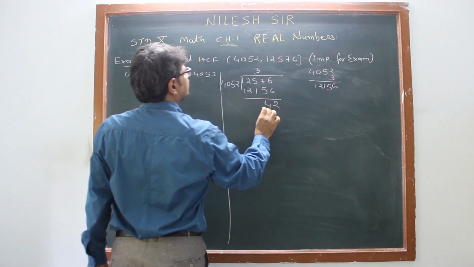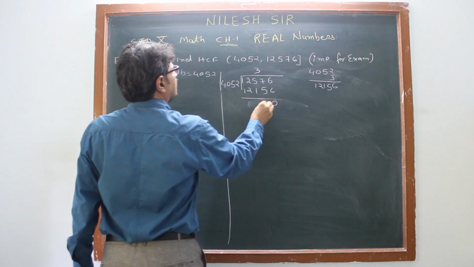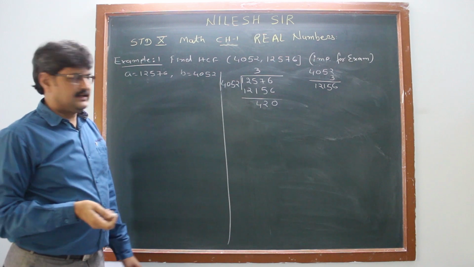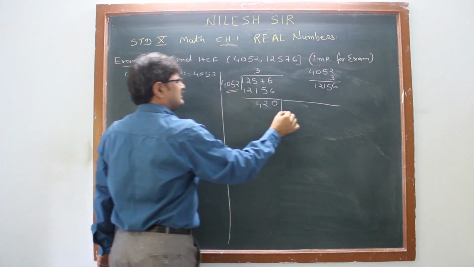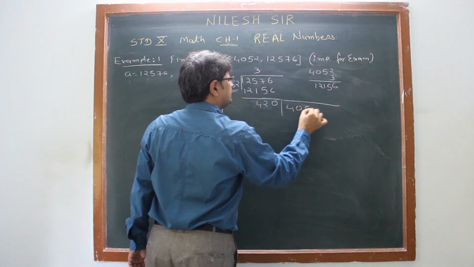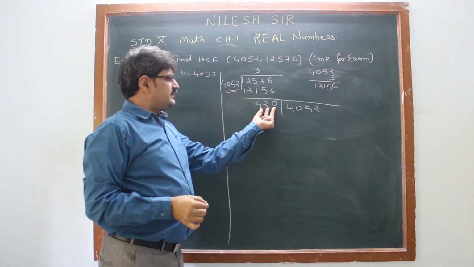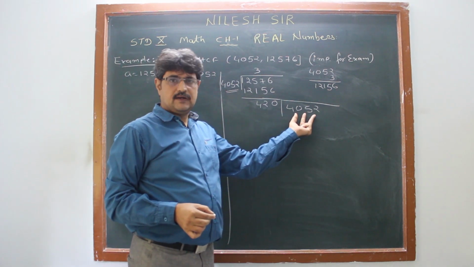7 minus 5, that will be 2, and 5 minus 1, that will be 4. So it will be 420. Now the divisor will become dividend. So it is 4052. This is nearly 420. So this is 420 and this is 4000.